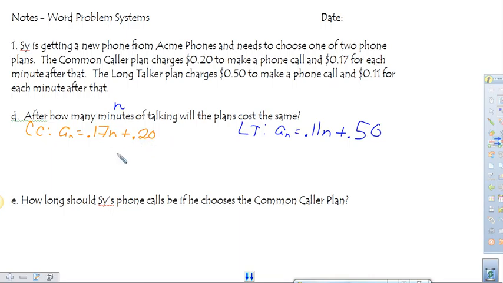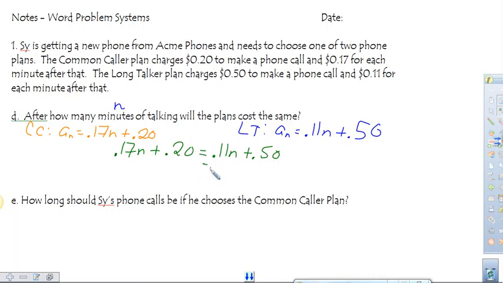It's like substitution, right? So I've got 0.17n plus 0.20 equals 0.11n plus 0.50. You can solve that. That's just a good old normal equation. Do not let the decimals throw you off.